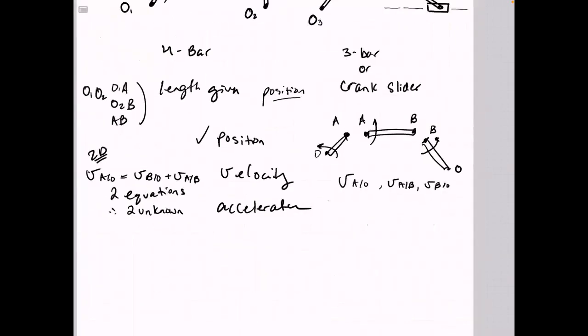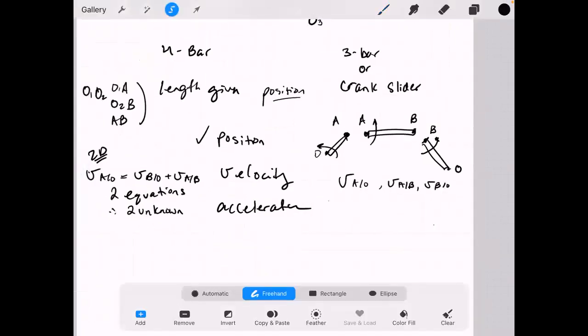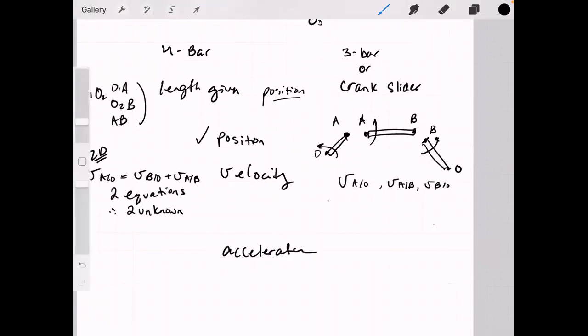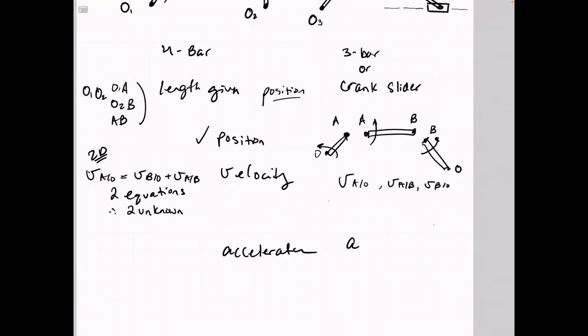This can be similar to acceleration, as the relative acceleration equation is a derivation of the velocity. So we have the acceleration of A with respect to O, the acceleration of A with respect to B, and the acceleration of B with respect to O. Our relative acceleration equation is then this equation.